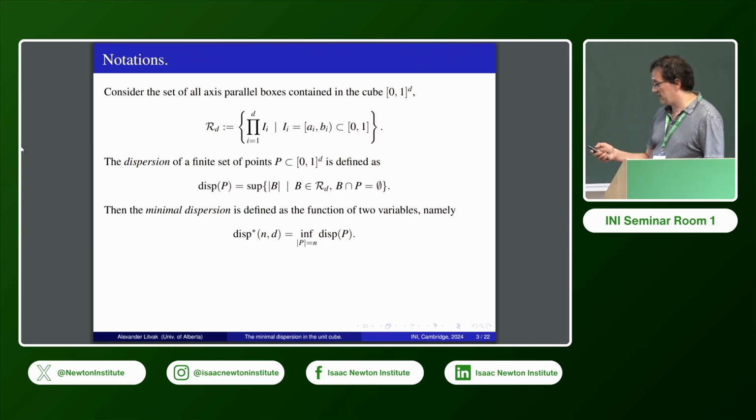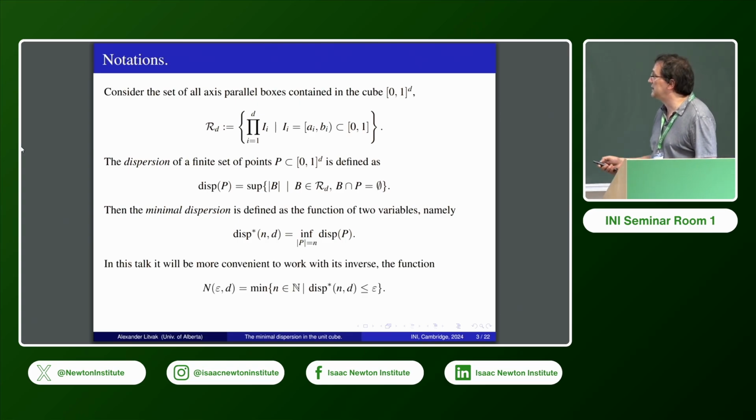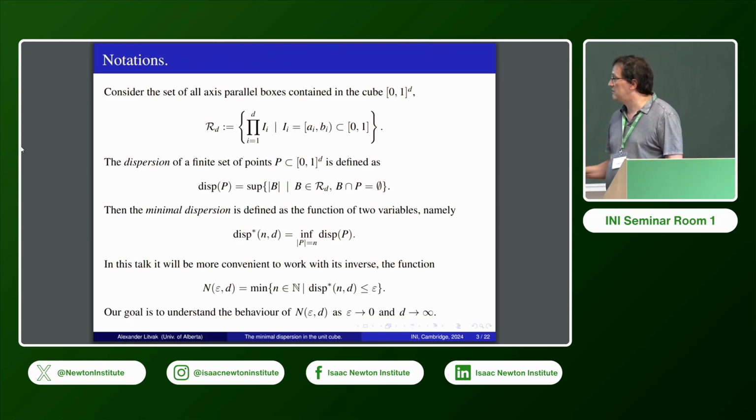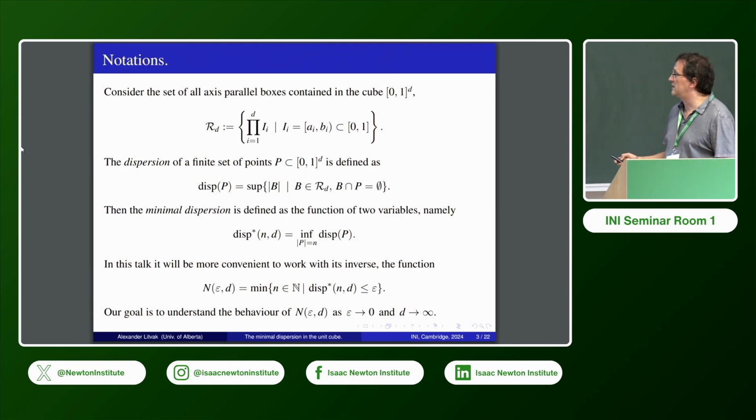It's exactly what I explained before, just formally written. For presentation it will be easier to investigate the function n, which is just the inverse function. Once again, the main goal is to understand behavior as a function of two parameters.